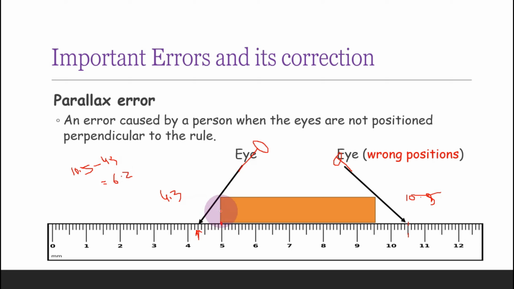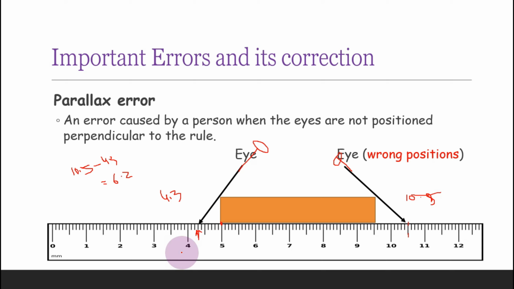So the length of this block in this situation is 6.2 centimeter. This ruler is calibrated in millimeters. The small units are millimeters, but this is 1 centimeter, 2 centimeter, 3, 4, and so on.